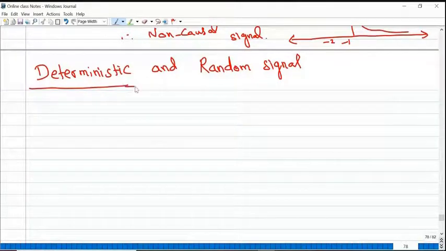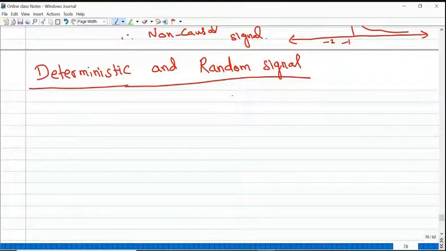This is another classification of signals. Discrete signal, continuous time signal, periodic, aperiodic, even signal, odd signal, energy signal, power signal, causal, non-causal signal, deterministic and random signal, or deterministic or non-deterministic signal.